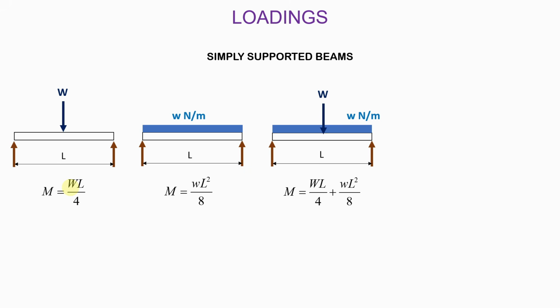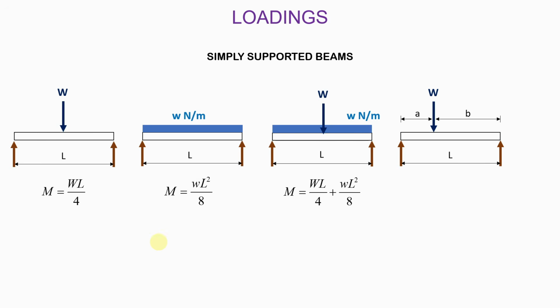But we do know that we can also have a situation where we have a point load, but it's not acting exactly in the middle of the length of the beam. So when that is the case, how then do you get the moment of resistance? It's not as difficult as it sounds.